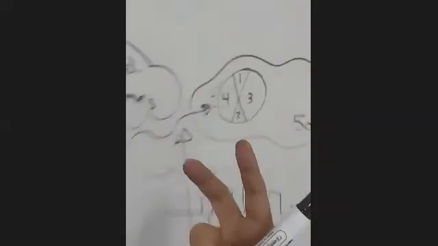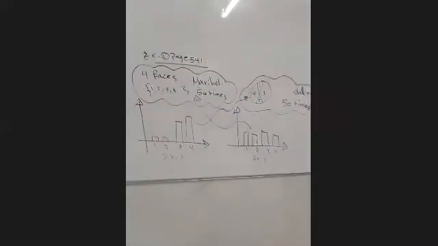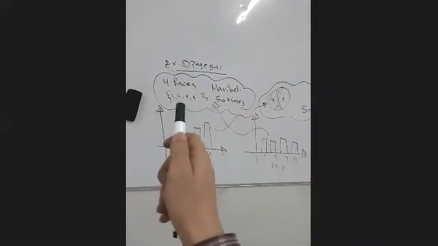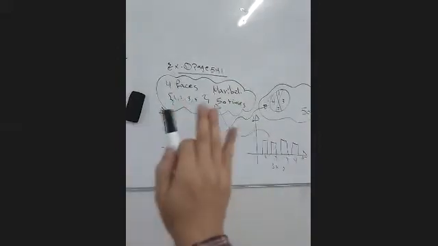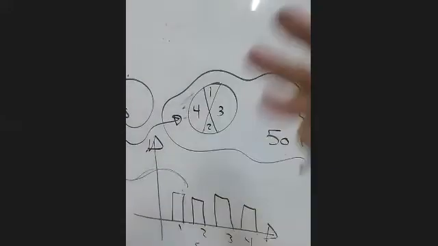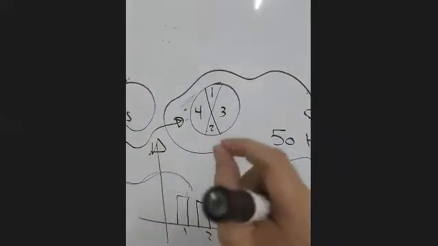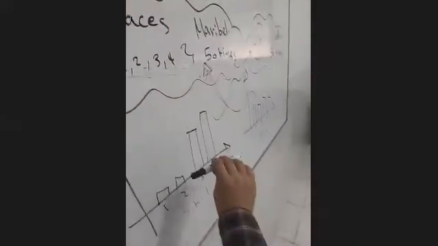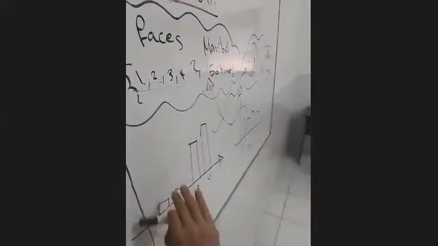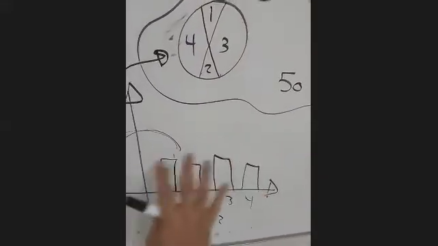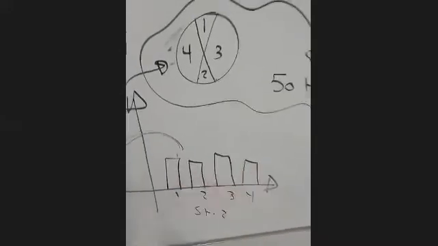Remember, connect this example with the first lesson of this chapter, finding likelihood. Here, all of them are likely, the same chance for them. But here, 3 and 4 are likely and 1 and 2 unlikely. Got it? But here 3 and 4 have a close chance to happen.